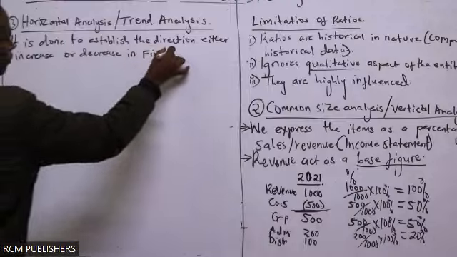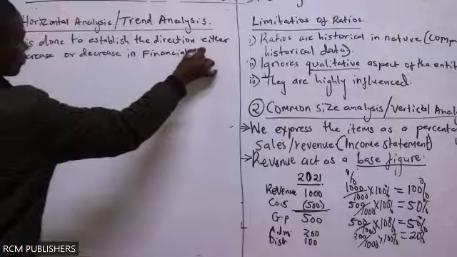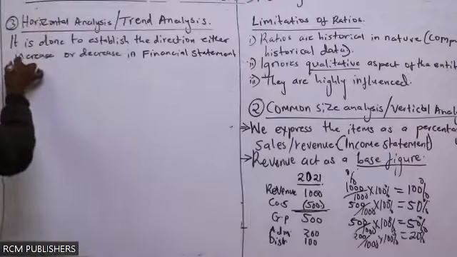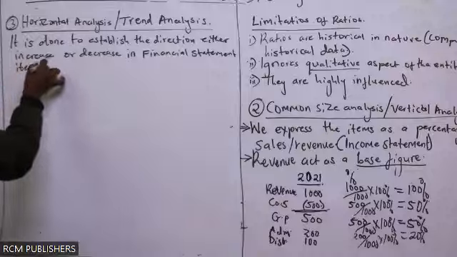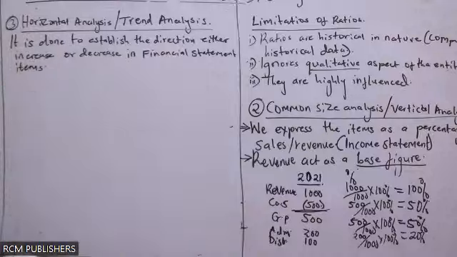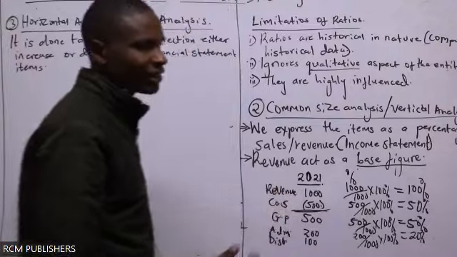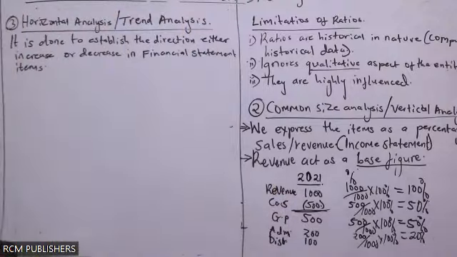So we shall be looking at whether there was an increase or a decrease in a certain period. Therefore, we should be comparing two periods.